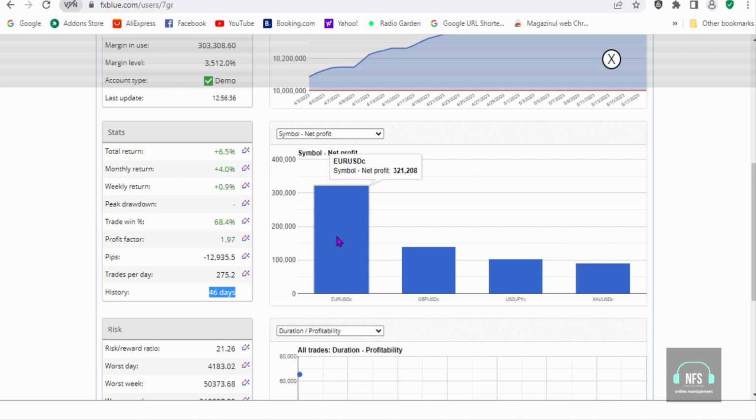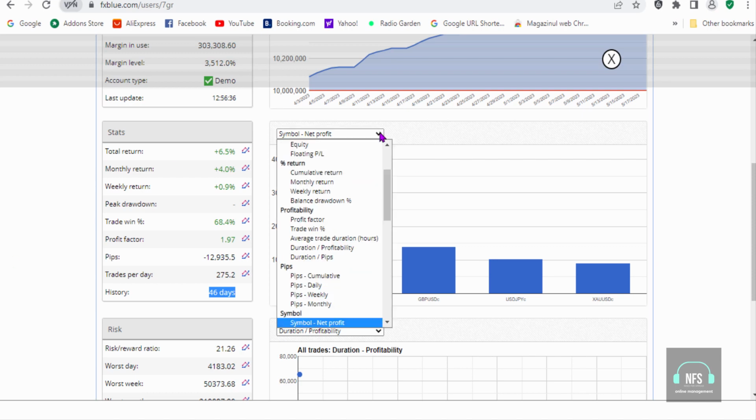The most profit was gained using the Euro USD currency pair. As you can see, this is the net profit. Then it was GBP USD, US dollar Japanese yen, and gold also. These are the four pairs that we can trade with 7G Robot Pro Expert Advisor.